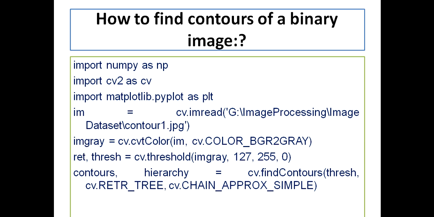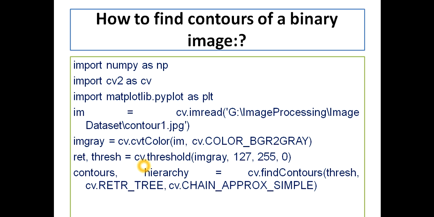For that I am using imgray, the variable where that gray version will be stored, equal to cv.cvtColor, this is the function, and the parameters are im, that is the input color image, comma, cv.COLOR_BGR2GRAY. That will convert the color image into its gray version, and we are storing it in imgray.